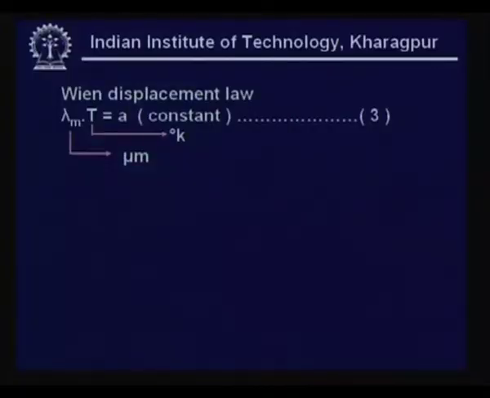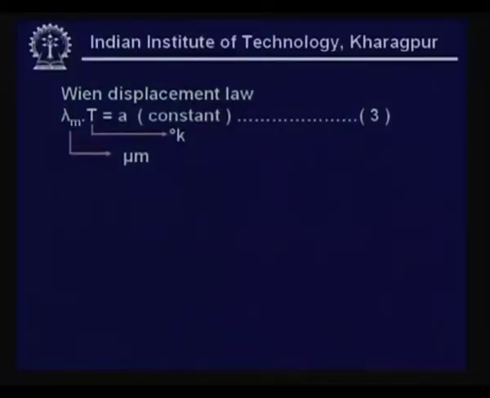Therefore, there is a certain displacement of the maxima. This displacement of the relative maxima is quantized in terms of Wien's displacement law, where lambda m in the expression stands for the wavelength corresponding to the relative maxima, T is the temperature of the black body in degrees Kelvin, and this product is known to be a constant.